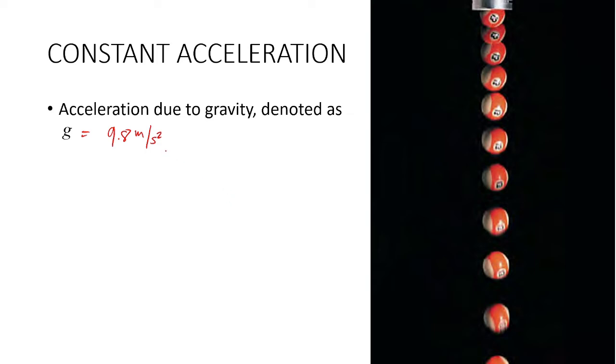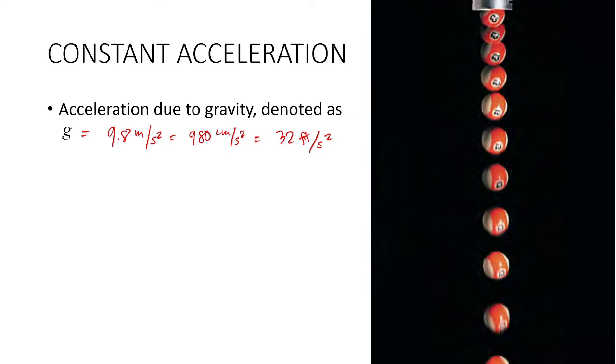It is also equal to 980 centimeters per second squared, or 32 feet per second squared. Those are the approximate values of acceleration due to gravity near the Earth's surface.